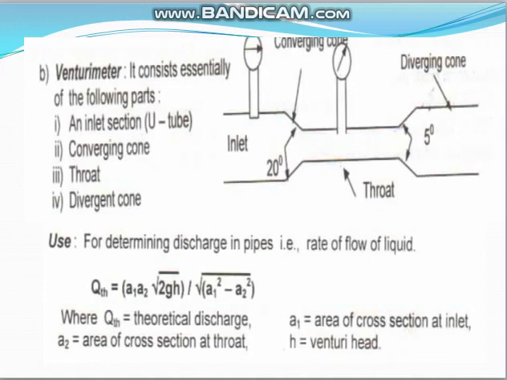Coming to the measuring devices, there are three devices. One is the Venturi meter, another is the orifice meter, and another one is the pitot tube. The Venturi meter is one of the devices used for measuring the rate of flow. First, let us see the first one.